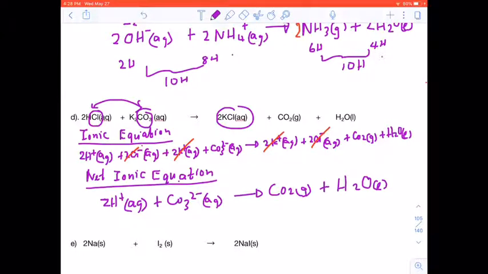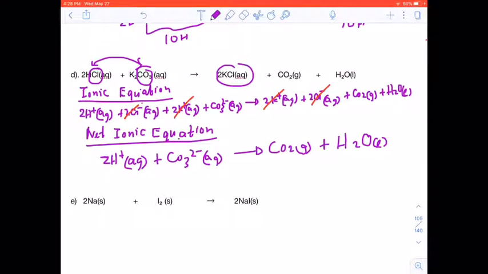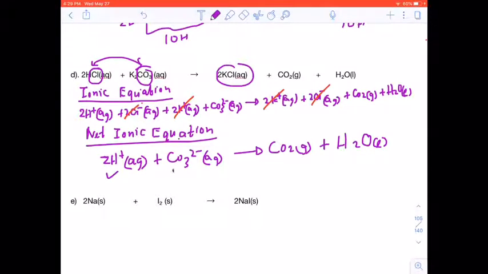So on this side, I've got 3 oxygens and the 3 oxygens on the left. So what is this telling us? If I have an acid, and I add it to a carbonate, right? That would give me carbon dioxide and water. And this also is an ion exchange reaction, right?